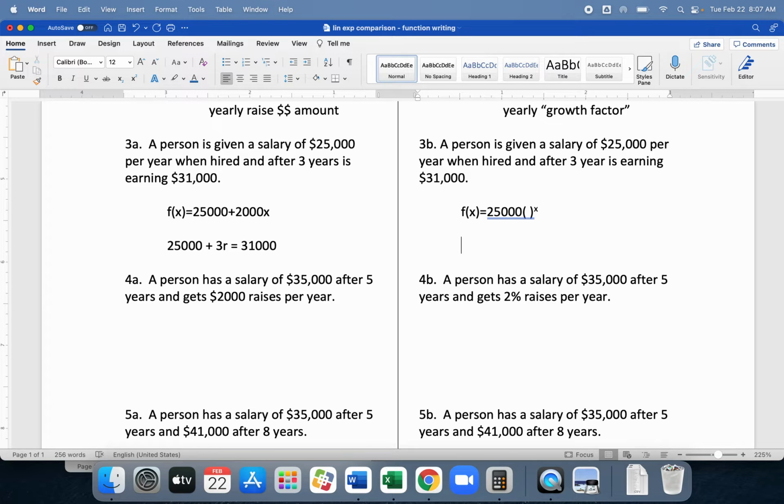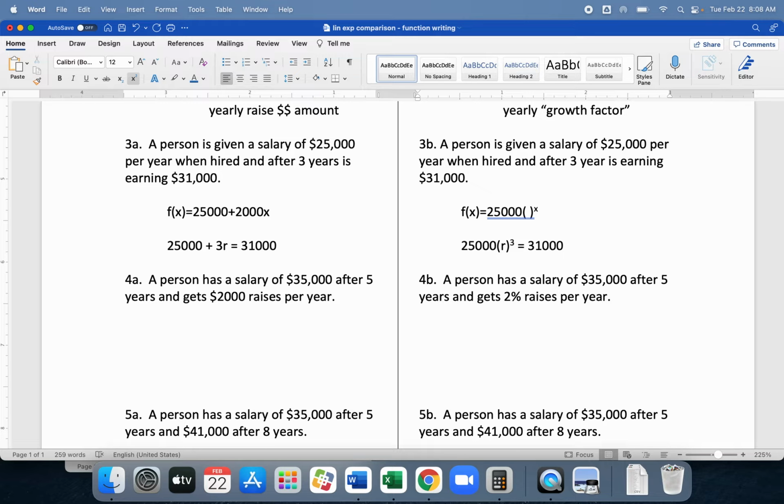So 3 years, 25,000 times, I'm going to say R, times something to the 3rd power, has to equal that 31,000, right? So I'm starting at 25,000, I'm getting raises 3 times. I'm just using R to indicate, in this case, that growth factor that's representative of our yearly raise.